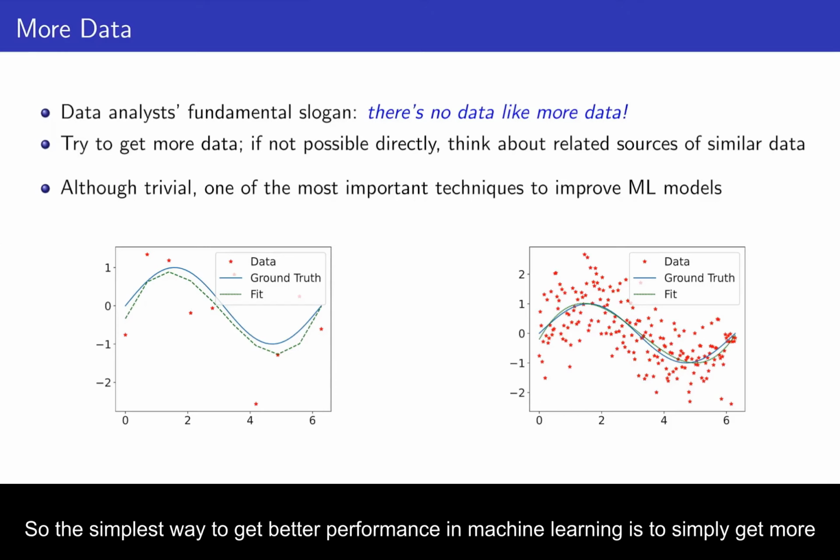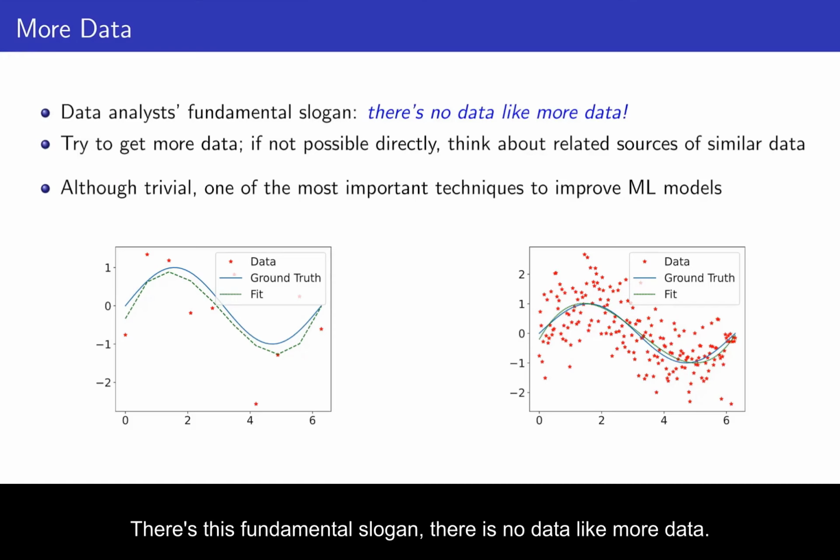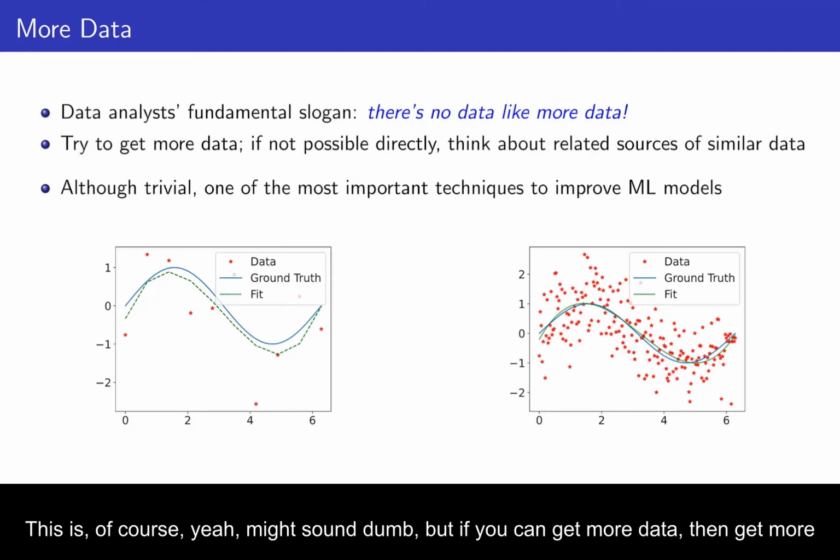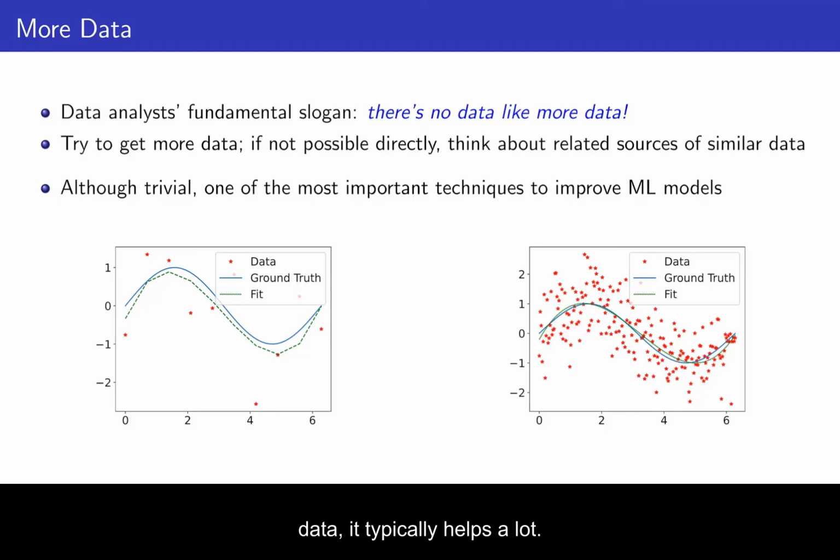So the simplest way to get better performance in machine learning is to simply get more data. There's this fundamental slogan: there's no data like more data. This might sound dumb, but if you can get more data, then get more data. It typically helps a lot.